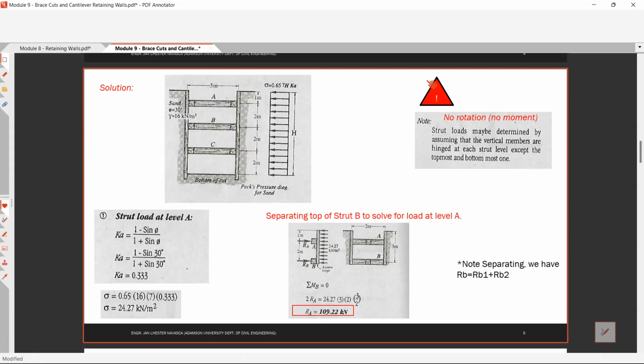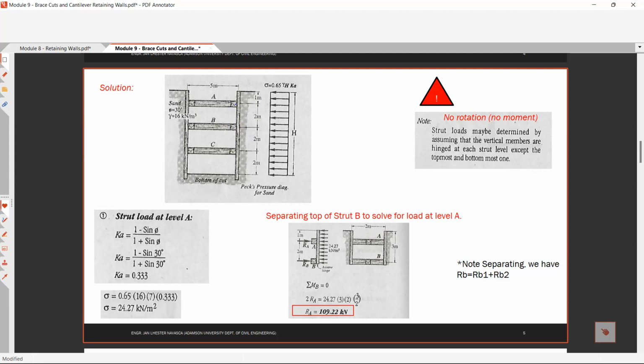Please take note, class, that strut loads may be determined by assuming the vertical members are hinged at each strut level except the topmost and the bottommost struts. This means they are assuming that we have no rotation or no moment at any struts between the topmost and bottommost struts.